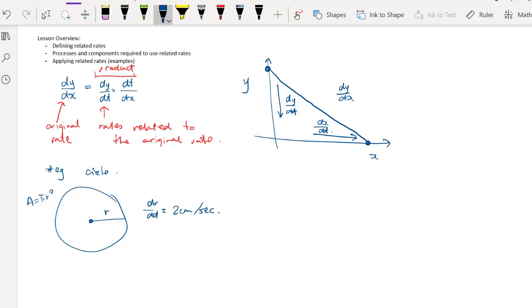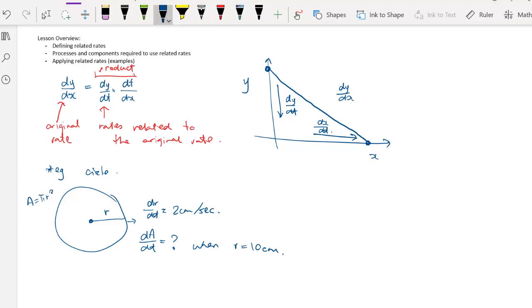That means the radius is getting larger at 2 centimeters every second. To turn this into a related rates question, we may want to find the rate of change of the area at a certain point, let's say when the radius is equal to 10 centimeters.